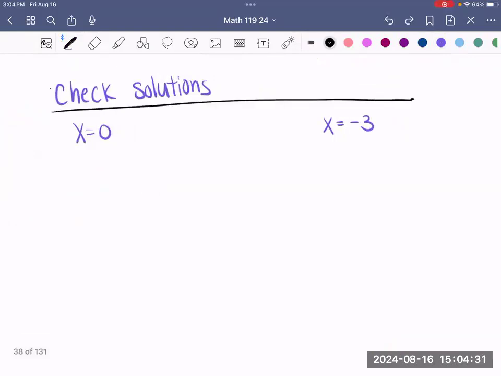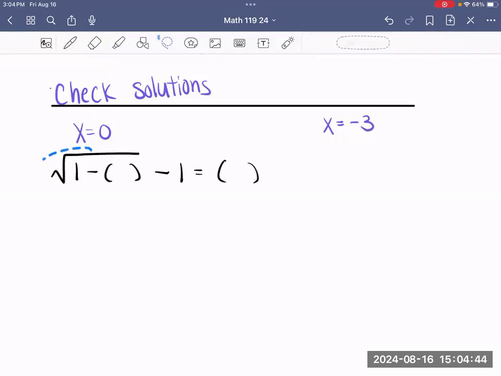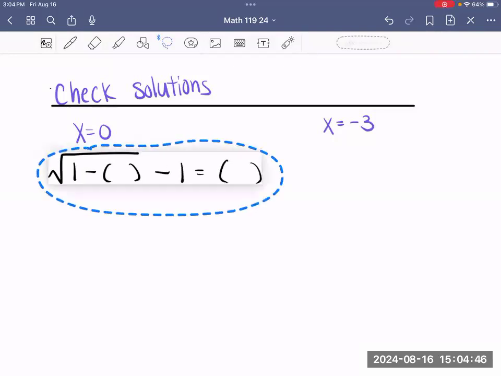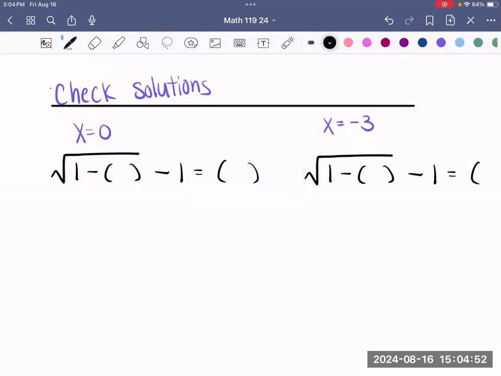So taking the original equation, we had the square root of 1 minus x minus 1 is equal to, again, x. And we're going to do that one again here on the other side. So putting in a 0, putting in a -3, and let's see what comes out.